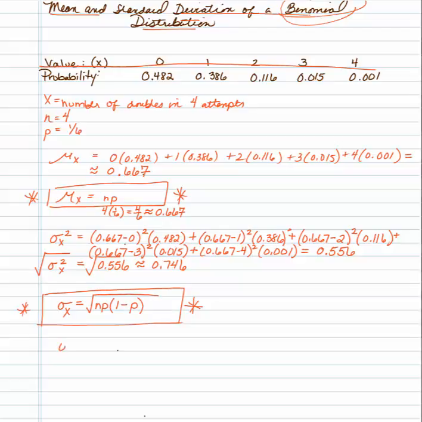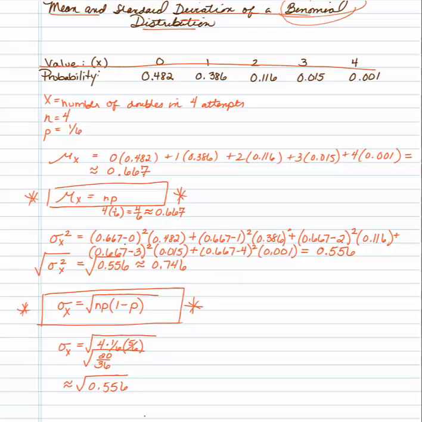So if we were to do that instead, N is 4, P is 1/6, 1 minus P is 1 minus 1/6, which is 5/6. And if we were to multiply these, we get 20 over 36, 0.555555555. That's why I kind of rounded it to 6.